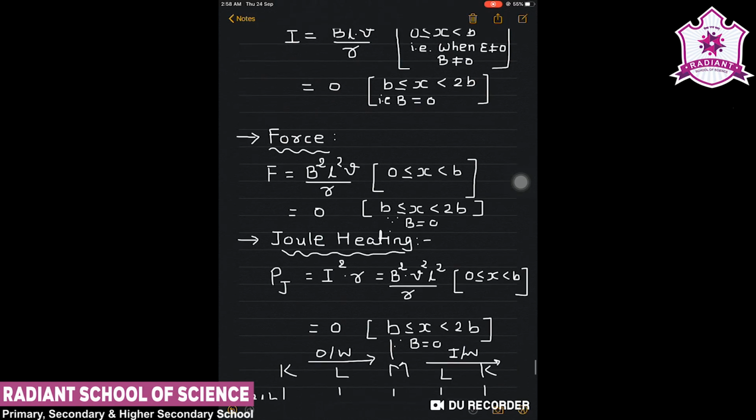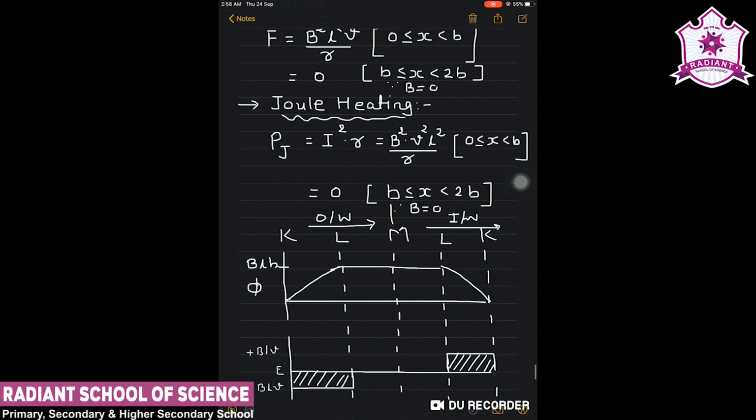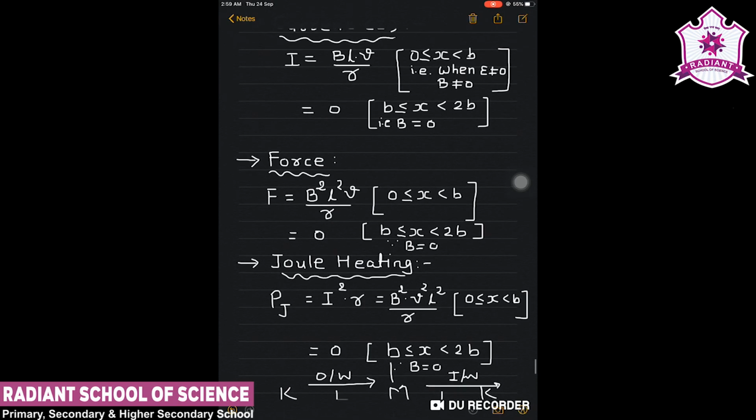Now we are also asked to find out the Joule heating. So the Joule heating will be P, that is I squared R. We have the value of I, that is BLV over R. So we can say B squared V squared L squared over R squared into R. Here we can cancel out one R and we get B squared V squared L squared over R, for the region where x is between 0 and b.